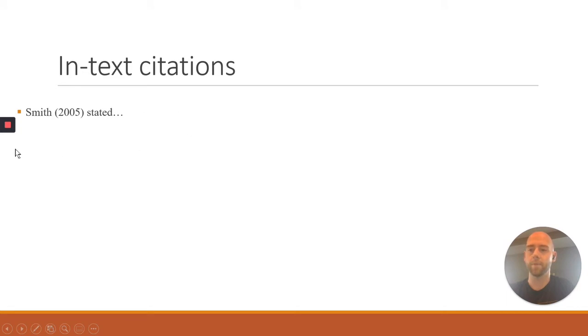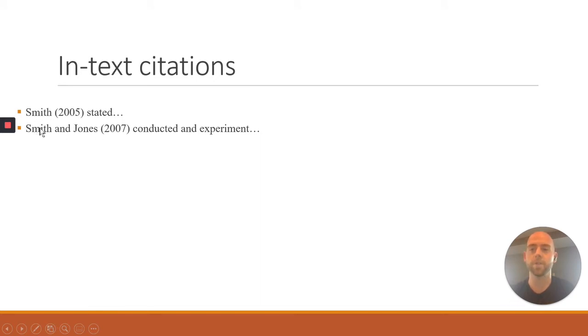If you have two authors, it's the same. You just say Smith and Jones, 2007, conducted an experiment, stated whatever they stated. And the format doesn't really change here. One author, say their name; two authors, say both of their names.